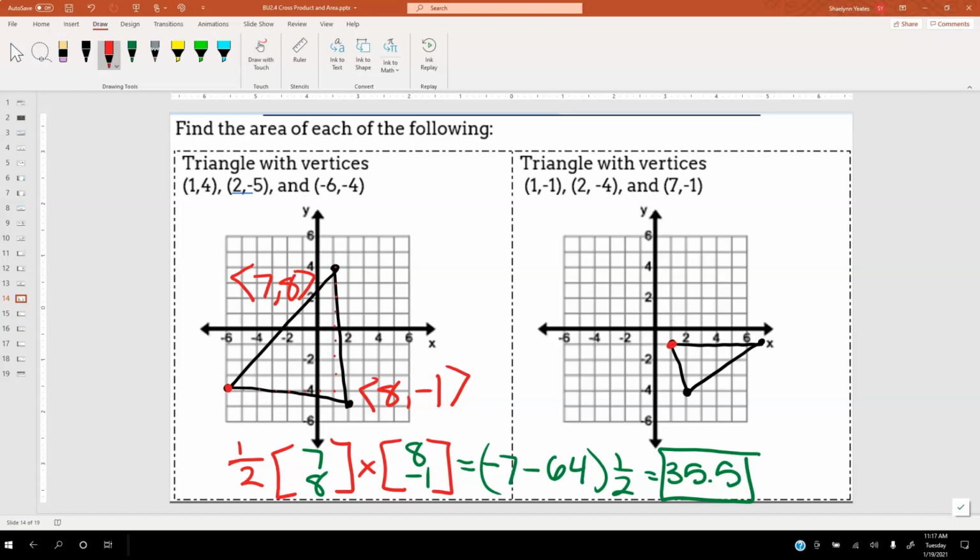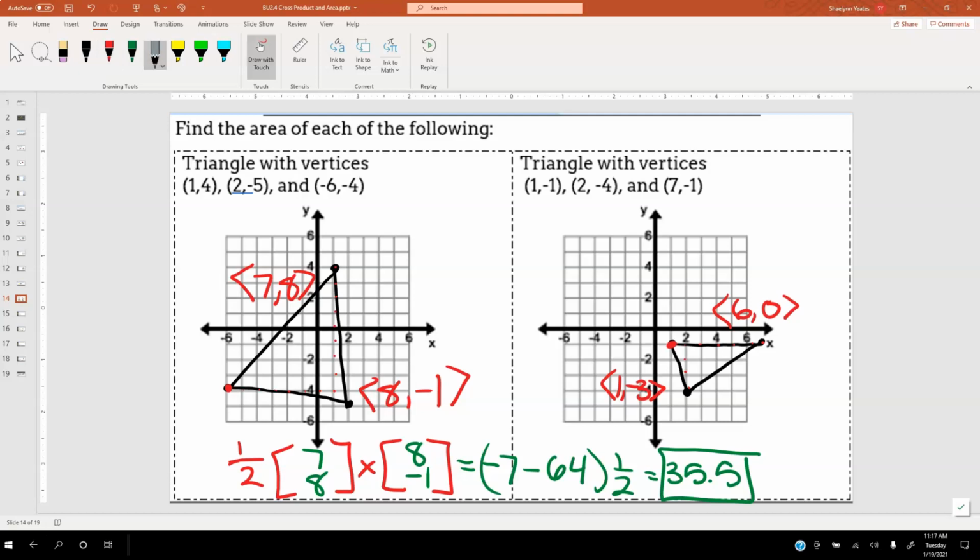I'm going to find the vectors from here. So the vector for this one is right 1, down 1, 2, 3. And then the other one is going to be right 1, 2, 3, 4, 5, 6, and then up or down 0.